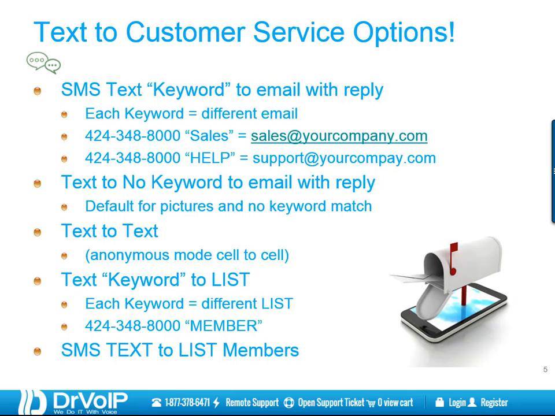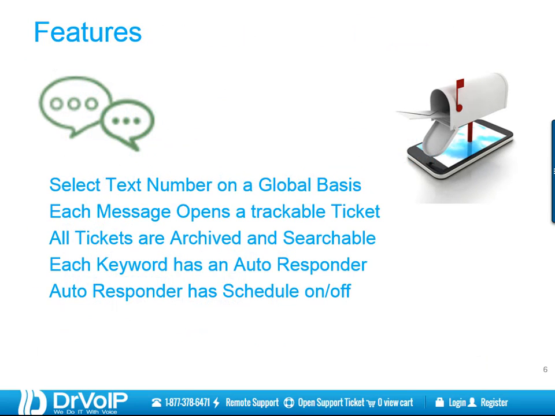You can build that list by associating a keyword to a phone number and pointing it at a list. The list can also have an autoresponder, which I'll show you how that works. And last, we can do text to either the entire list or to members of that list. I'll show you how to do that when we log into the portal.